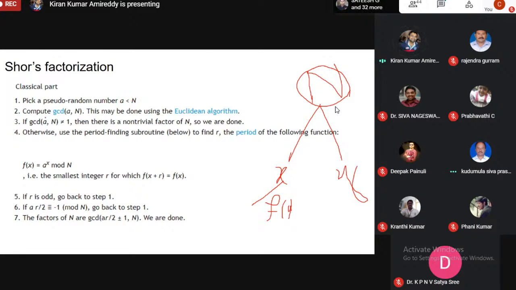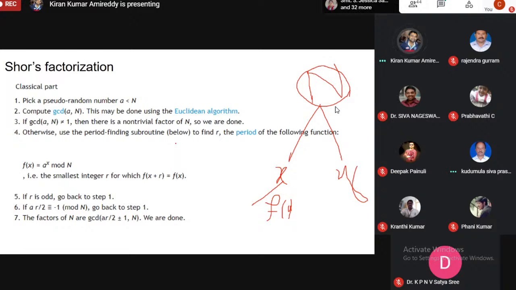Then we compute, using the classical computer, the greatest common divisor, the GCD, to check whether n is divisible by that number or not. It may be done using this algorithm. If the greatest common divisor is not equal to 1, then there is a non-trivial factor for n.